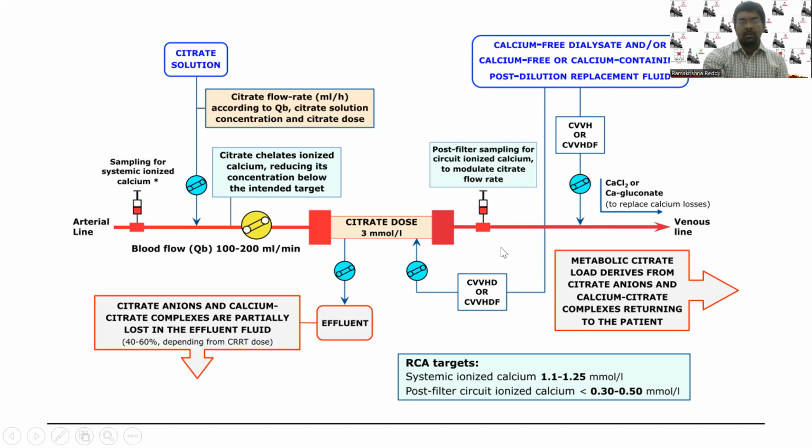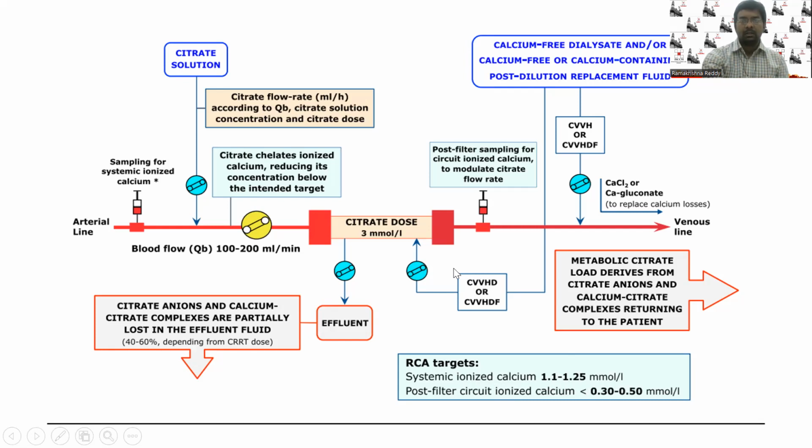One more important thing is that in the citrate anticoagulation technique, you need to monitor the ionized calcium in the pre-filter phase, that is the systemic circulation, and the post-filter phase. You need to achieve the target of ionized calcium 1.1 to 1.25 within the systemic circulation to prevent hypercalcemia, whereas within the circuit, it should be 0.25 to 0.4 millimoles per liter. And when the technique is CVVHD, there will be a dialysate solution.